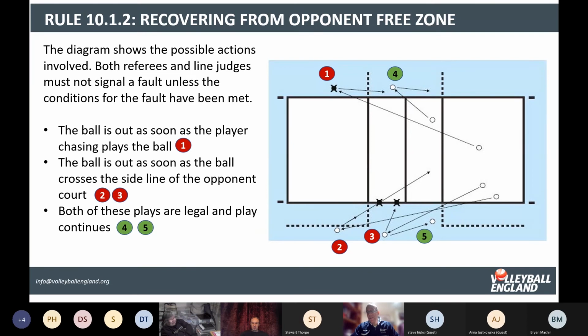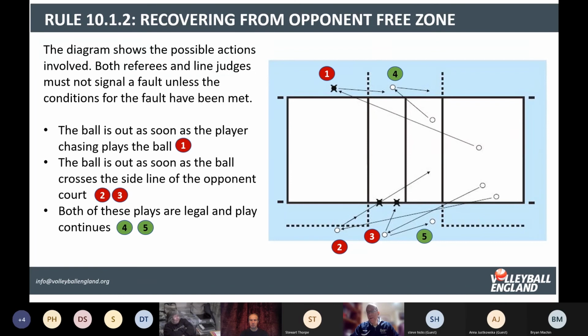Cases 2 and 3 are two cases where the ball has come outside through the external space. A player can chase it, but in both instances the ball has not gone back through the external space. It's heading back towards the crossing space, and as soon as the ball crosses the sideline, that is the point at which you signal the ball out.